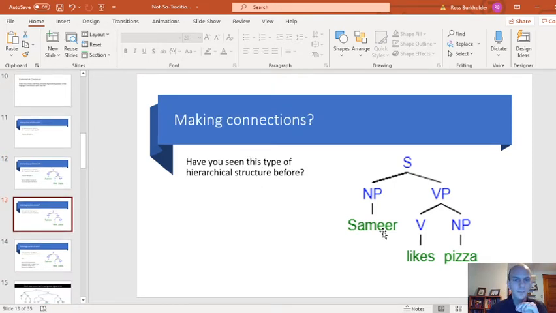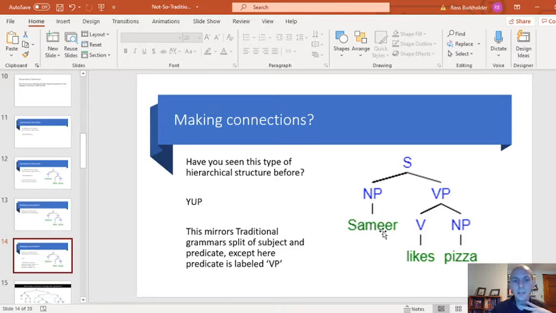Cool. Have you seen anything like this before? Does this remind you, did this tickle something in your brain that I'm sure Professor Johnson has talked to you about thus far in your class, because it should? You've seen this before, this idea. It's just been given to you in a different framework, but the same idea persists, right?